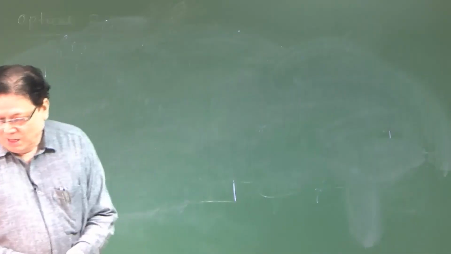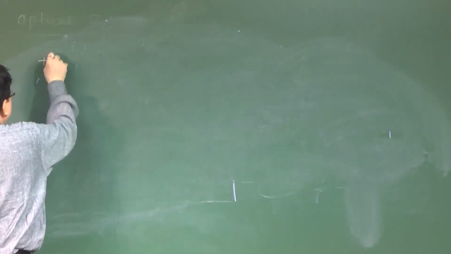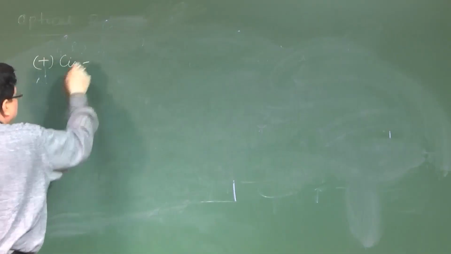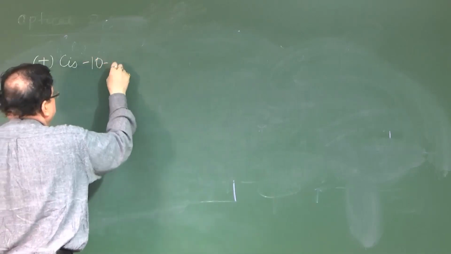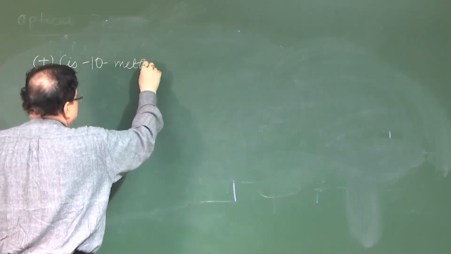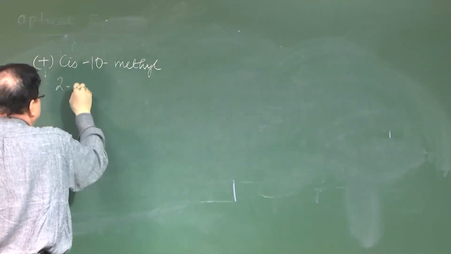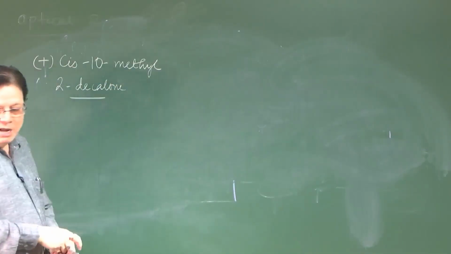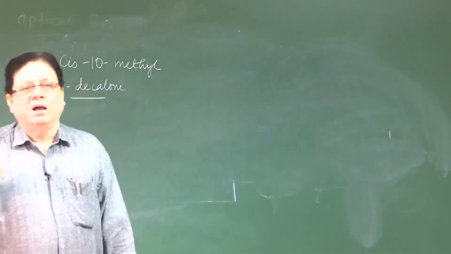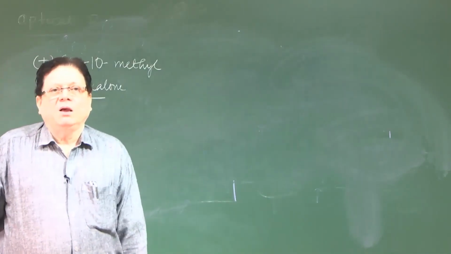Okay. This next problem is a compound which is (+)-cis-10-methyl-2-decalone, and you are asked to determine the preferred conformation of this system.